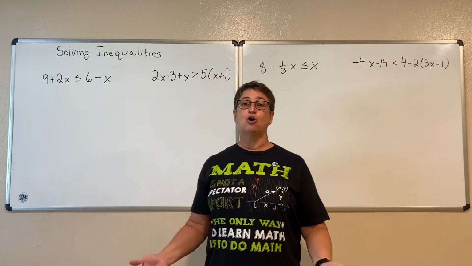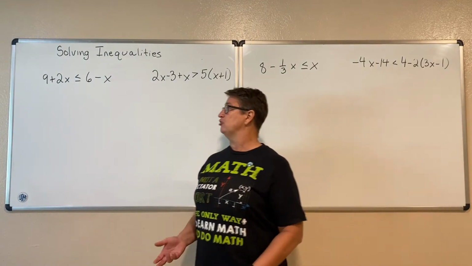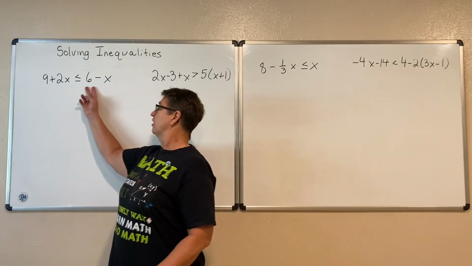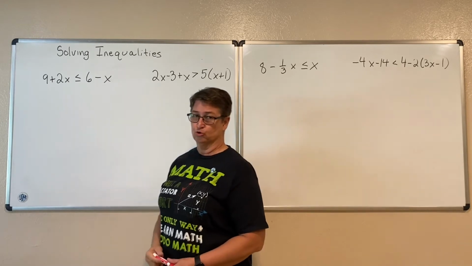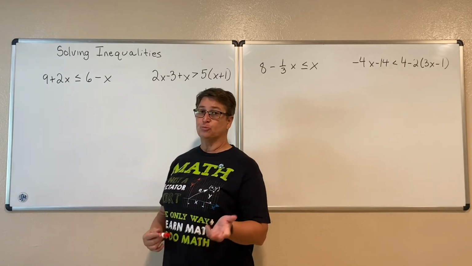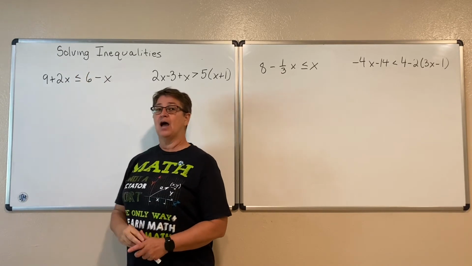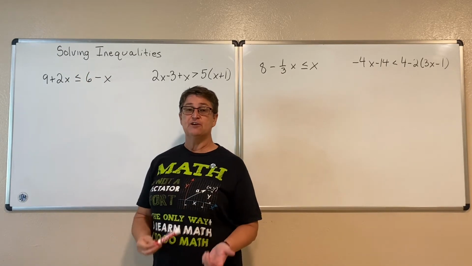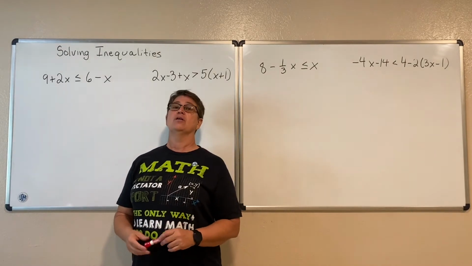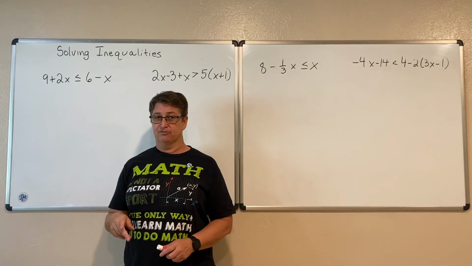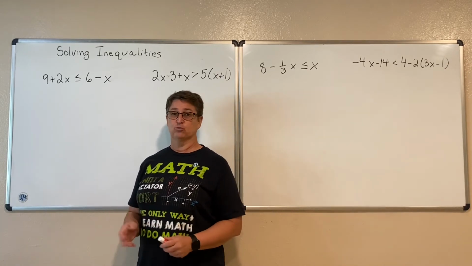Now let's solve some inequalities. Let's find what values for x would make this inequality true. So we're going to pretend that this is just an equal sign. The only time we have to do something different is if we are multiplying or dividing by a negative number. Then we need to worry about the sign and flip it. Otherwise, we're going to do exactly like we would if it was an equal sign.